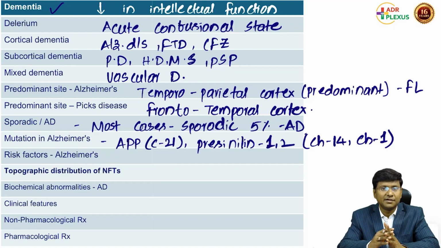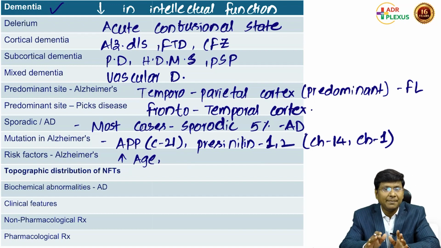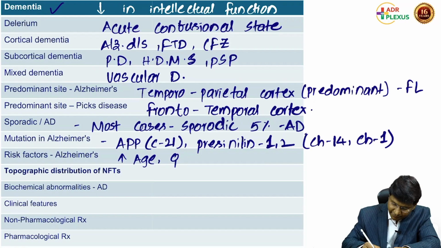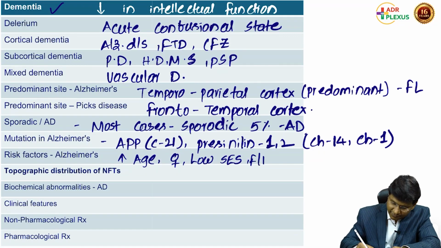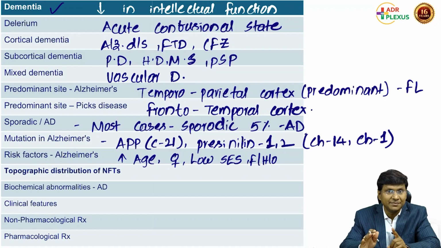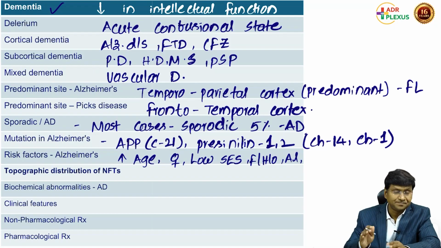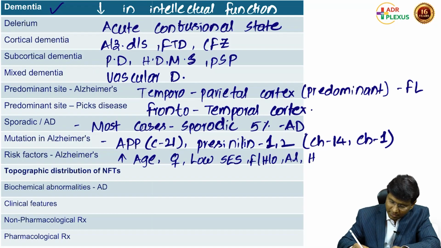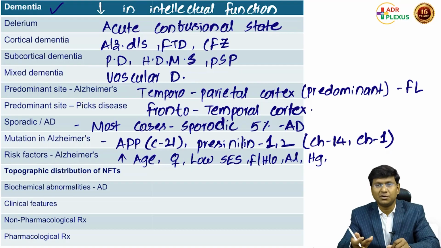Apart from that, the other factors include female gender, then low socio-economic status or low educational attainment, next family history of dementia, and there are numerous environmental factors, which include aluminium toxicity, mercury, certain viruses and prions.